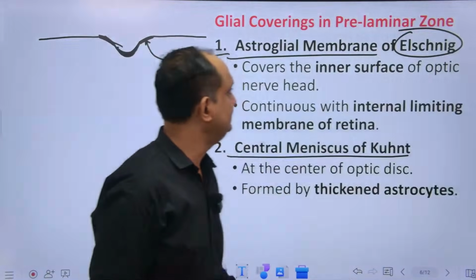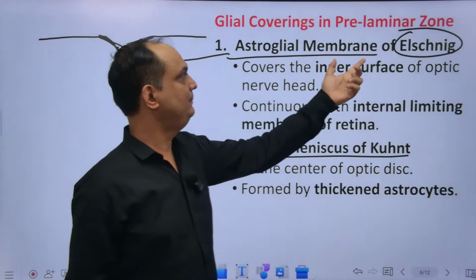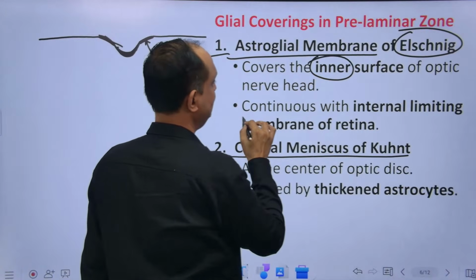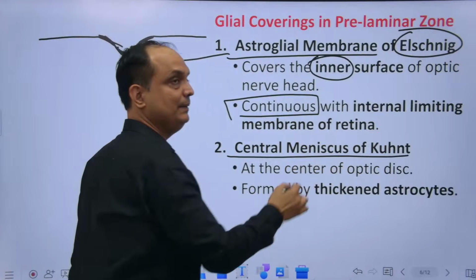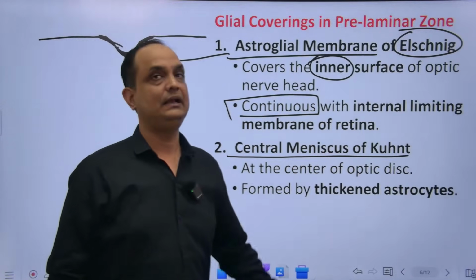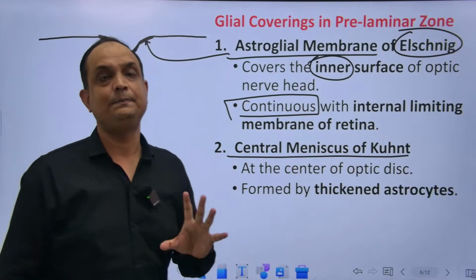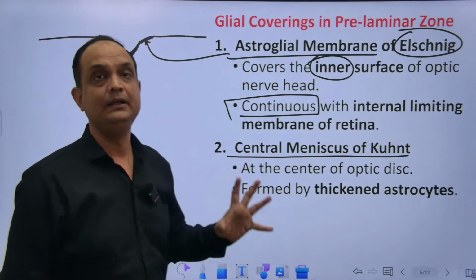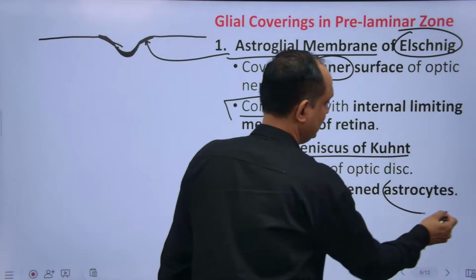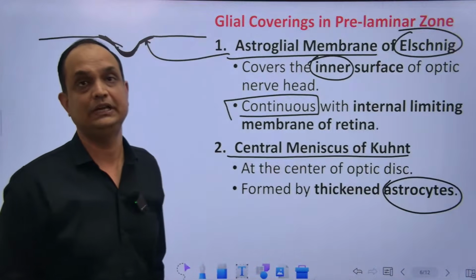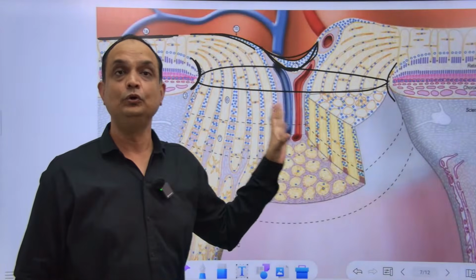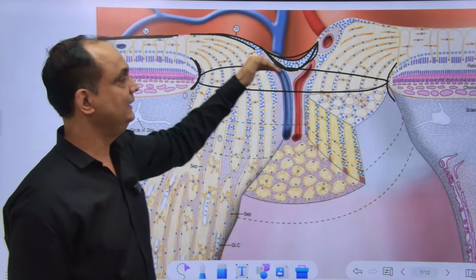So the important thing to understand is that the astroglial membrane of Elschnig is present on the inner side and continues with the internal limiting membrane of the retina, and in the center it continues with the meniscus of Kuhnt, which is the thickest part of the internal limiting membrane present on the center of the optic disc. It is thickened because of the large number of astrocyte cells. That is the important concept about the two membranes present in the prelaminar region.